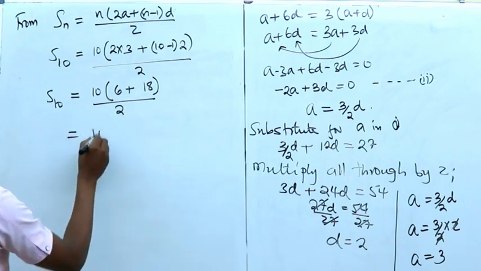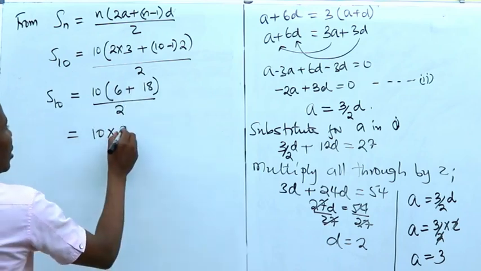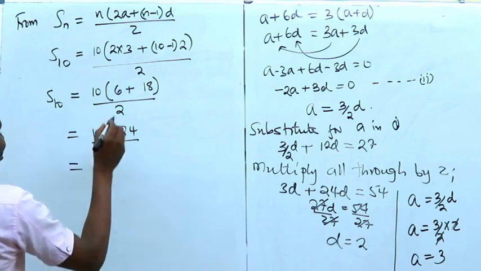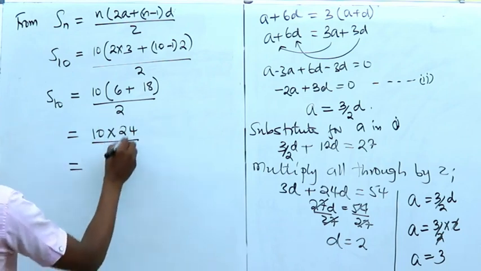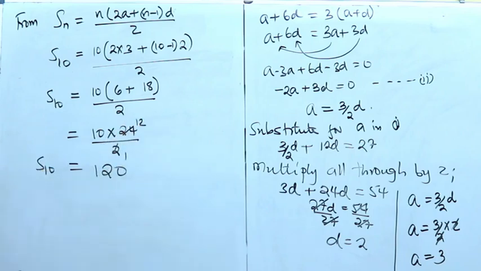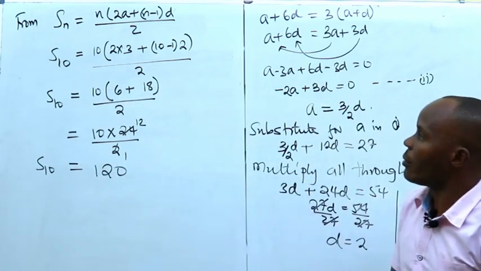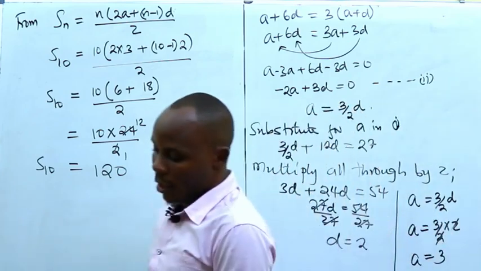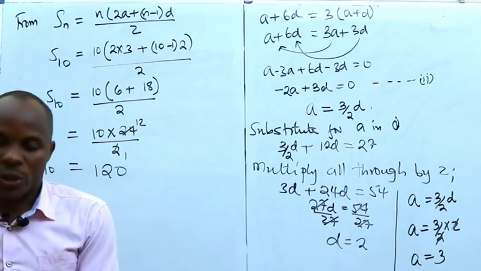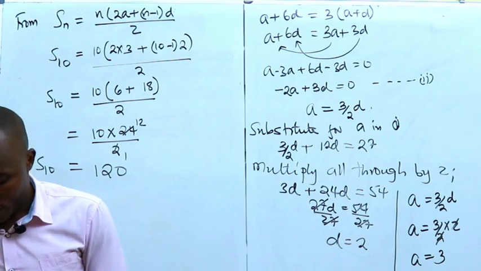So this is 10 times 6 plus 18 gives you 24 over 2. You can reduce everything by 2, 12. So the sum of the first 10 terms generates 120. I want us to look at one more, then I give you a guiding question.